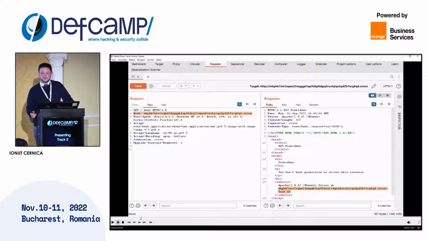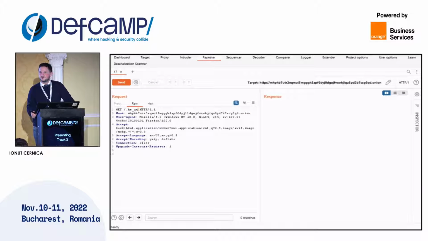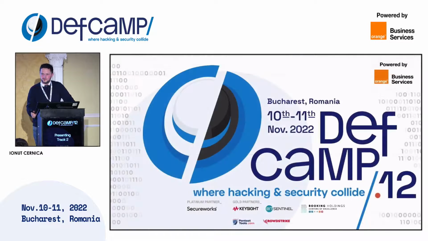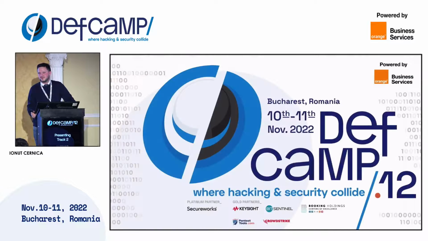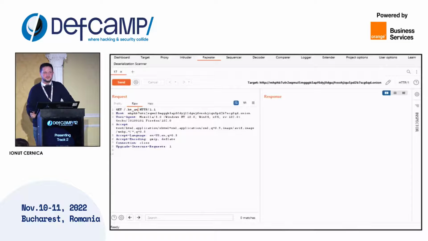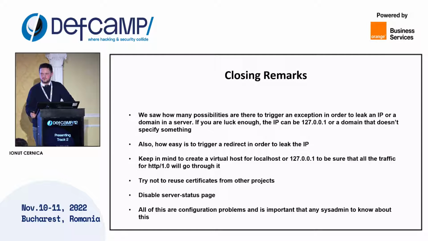So in conclusion, any sysadmin should know about this and configure the first virtual domain of the configuration file with localhost to not leak any domain, which is very important for the company.